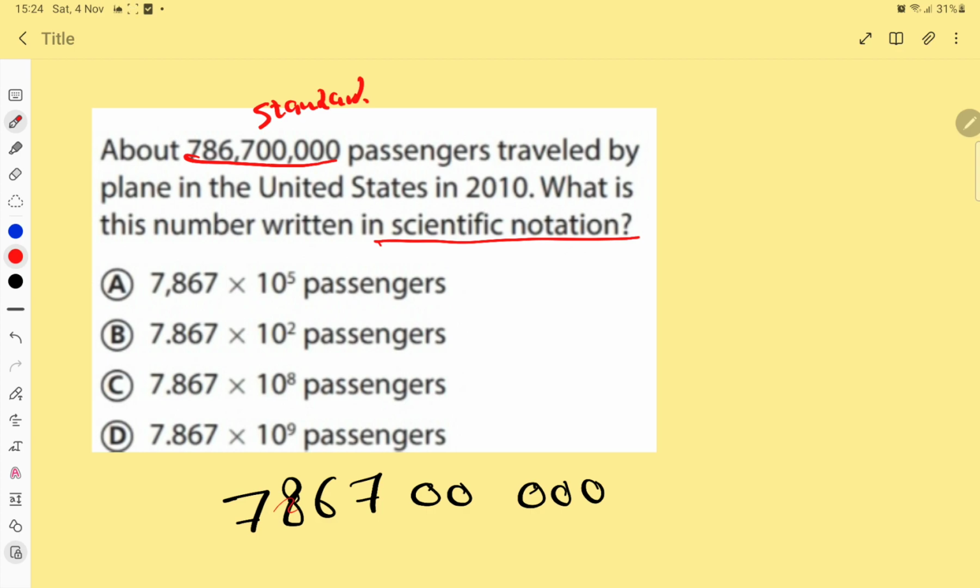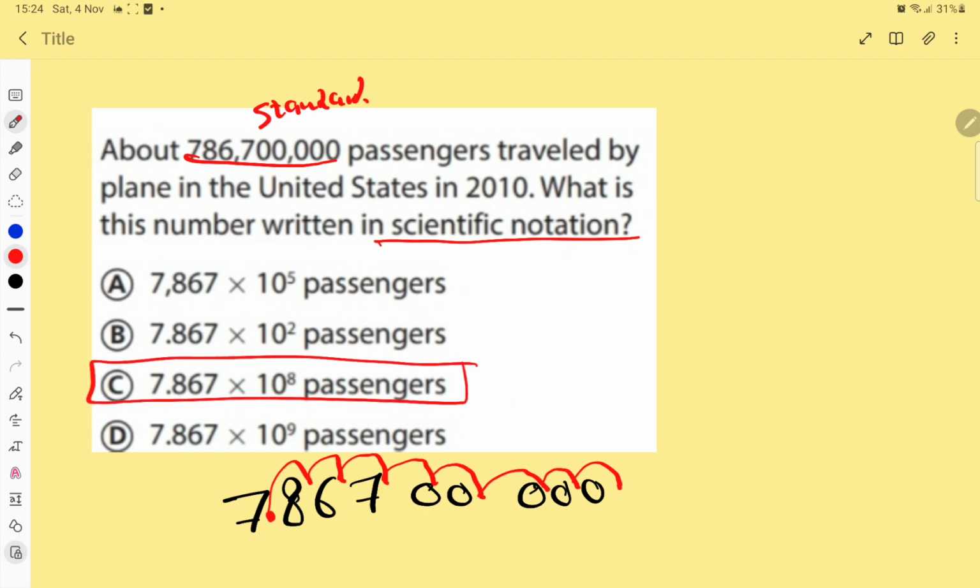Where should I put the decimal point? Between the 7 and 8. Count: 1, 2, 3, 4, 5, 6, 7, 8. So now it is 7.867 times 10 power 8, because I'm just moving the decimal point to the end of the number. So it is C.